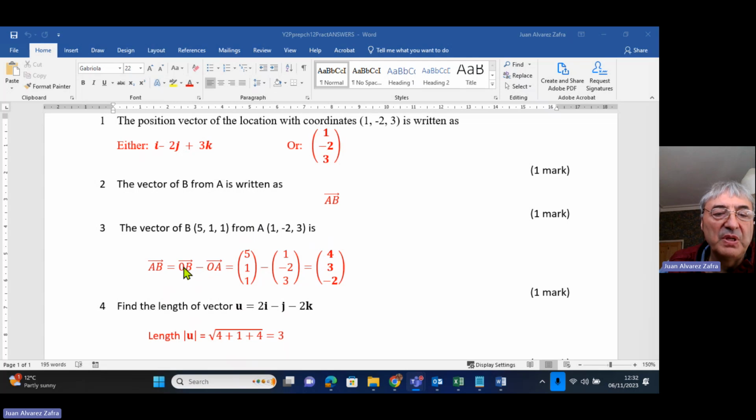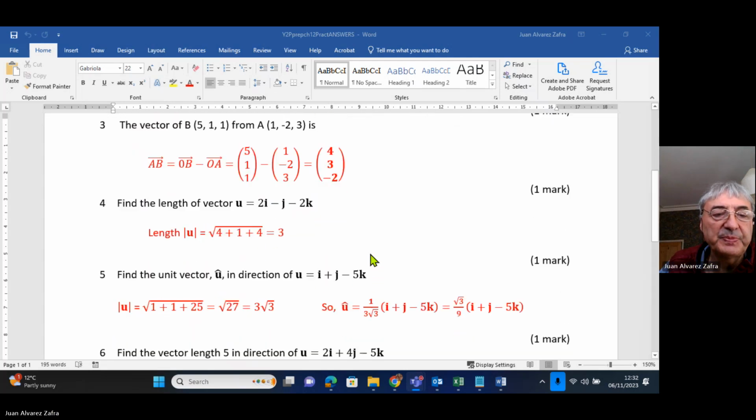So the position vector of B minus position vector of A. In other words, the position vector of the second point minus the position vector of the first point. And if we do that subtraction, we get 4i + 3j - 2k, or like this in column vector form.